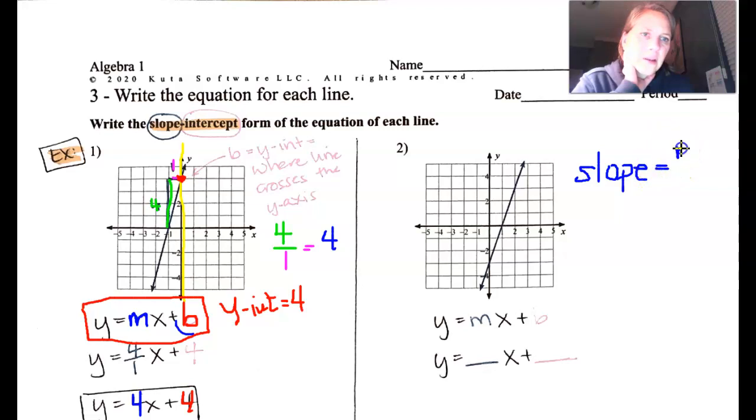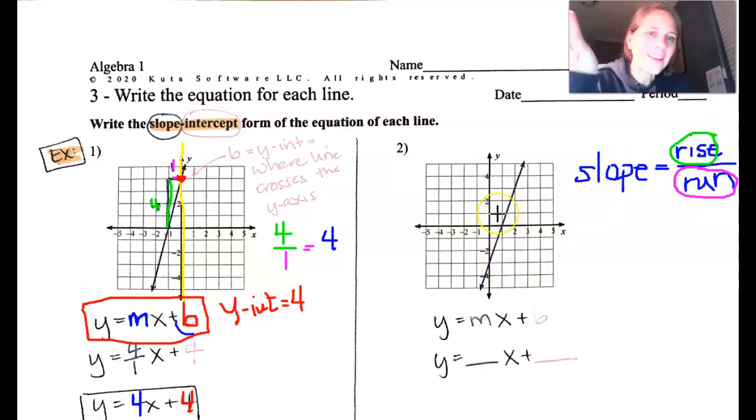The rise is the one that we did in that green color, and the run is what we did in that pink color, that fuchsia.